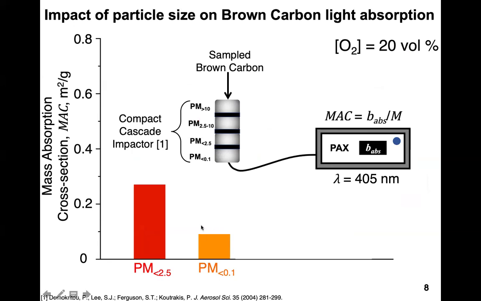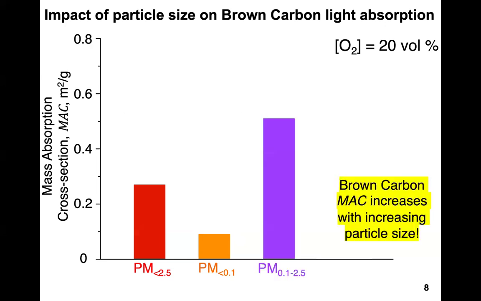That way we obtained a mass absorption cross-section of about 0.07 square meters per gram for the smallest size fraction of brown carbon. And based on the light absorption of the PM2.5 and the PM0.1 size fractions of brown carbon, we can infer the light absorption of particles that have an aerodynamic diameter between 0.1 and 2.5 micrometers.